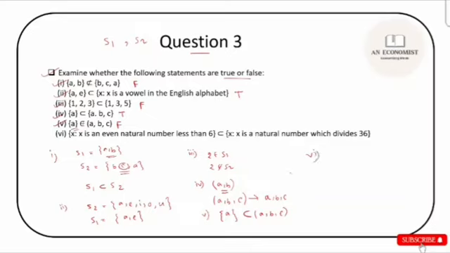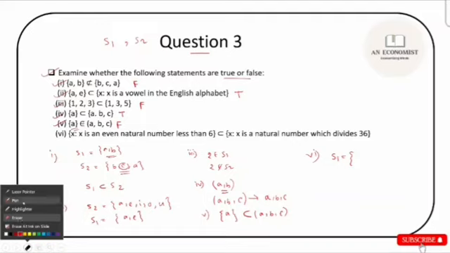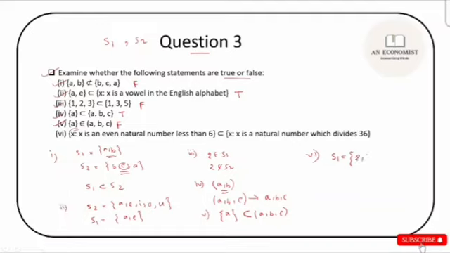Let's go to question number 6. It says {x such that x is an even natural number less than 6}. So write the set first. It should be even natural numbers less than 6, right? And what is set 2? It is all the x elements where x is a natural number which divides 36.